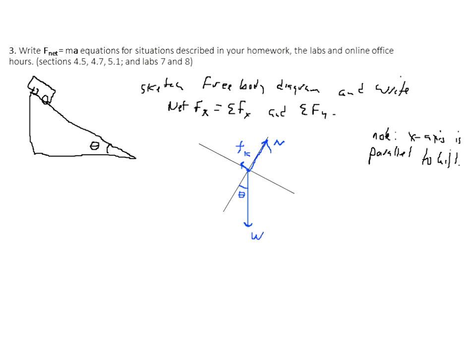And there are two components here for the weight, Wx and Wy, where Wx equals, so that's the side opposite theta, that's going to be W sine theta.